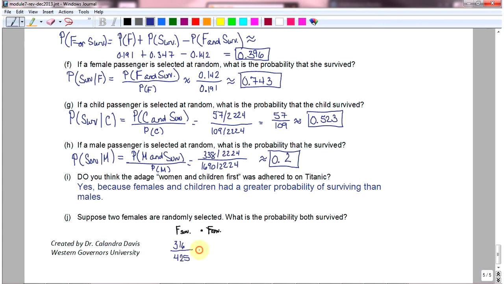Okay, so given that person survived, what's the probability that the second person chosen was also a female who survived? Okay, well, there are only 315 left, and in the bottom, only 424 women who are left. So when you do that product and simplify it, you should end up with 0.552 approximately.